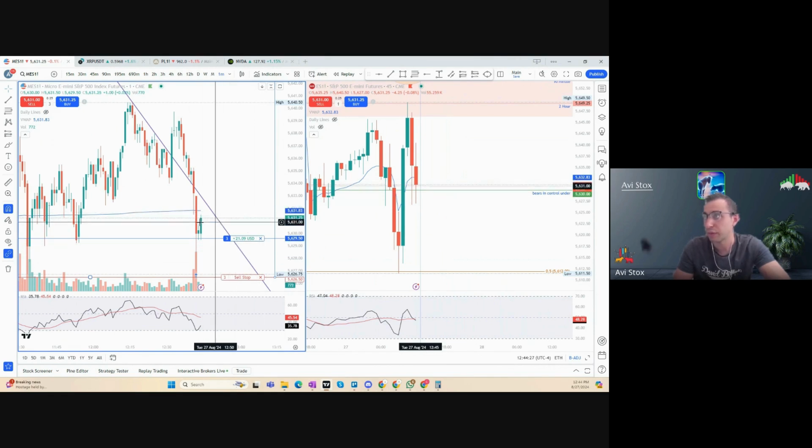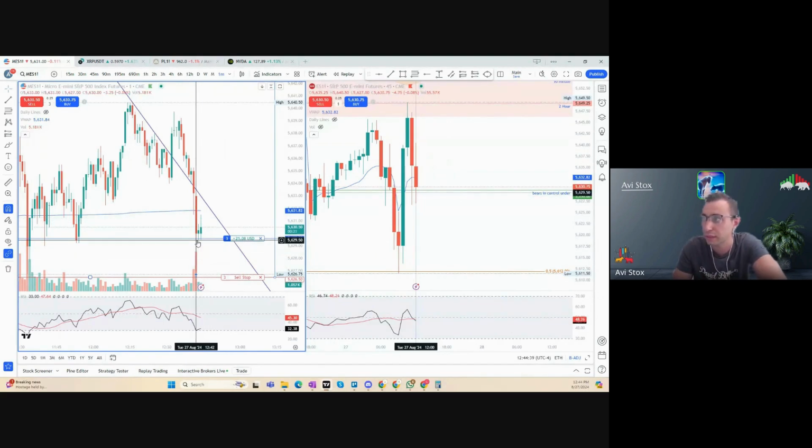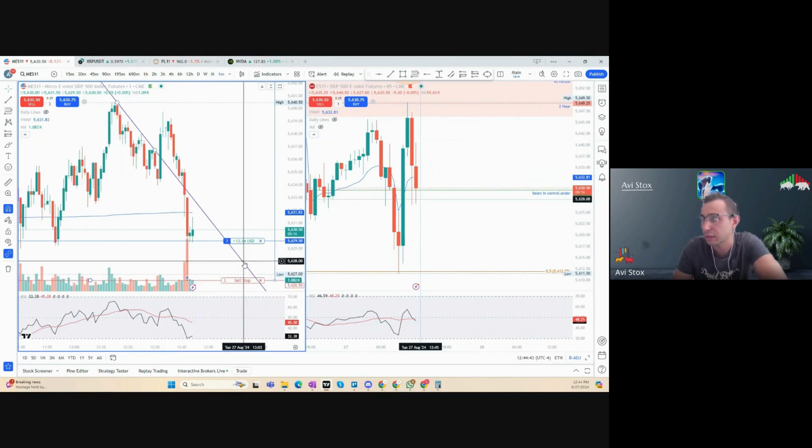It will need to break this wave up aggressively, and we are already almost having more volume than this one candle. So let's see.